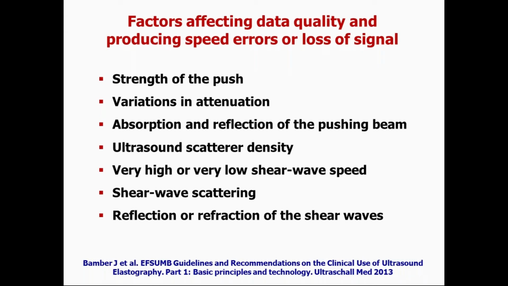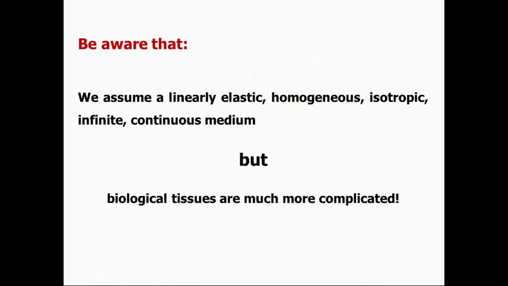There are factors affecting the quality of the shear wave and the quality of the measurements, that can produce errors or loss of signal. These are the strength of the push of the ultrasound beam, the variations in attenuation, and the absorption and reflection of the pushing beam, as it could happen in liver steatosis, the density of the scatterers, a very high or very low shear wave speed, the scattering of the shear wave itself, and the reflection or the refraction of the shear waves.